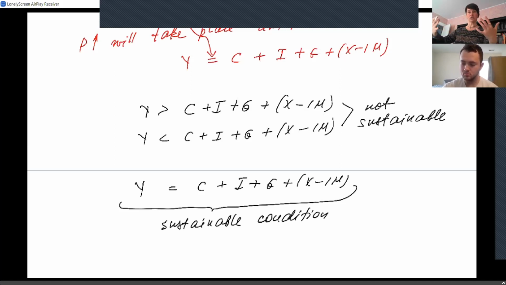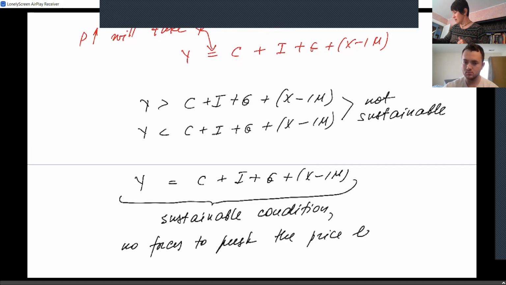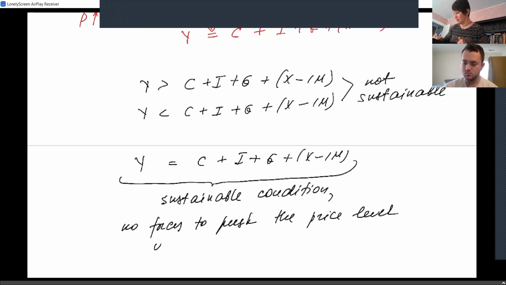There are no forces to push the price level up or down. Okay, that's the magic of being at the equilibrium.